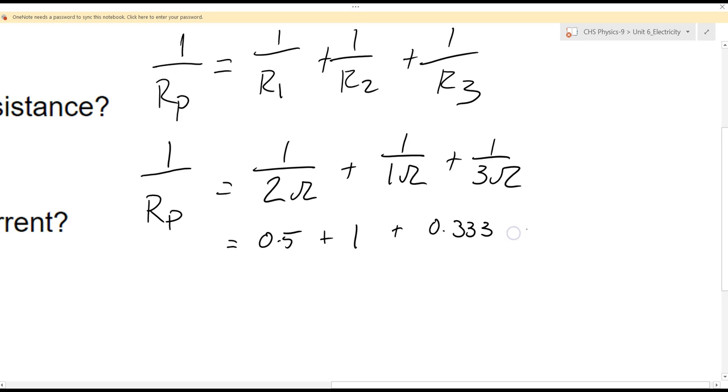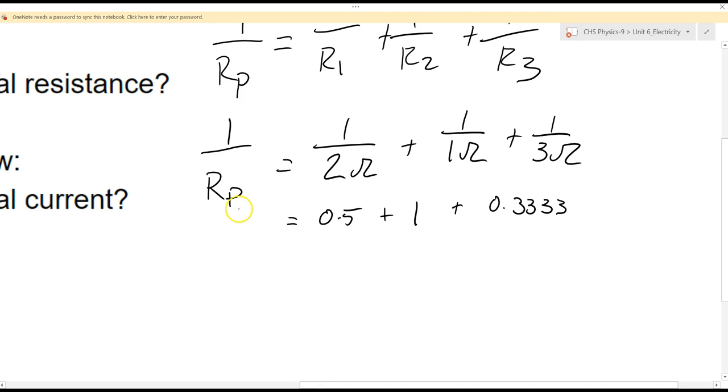If you get a repeating decimal, let's just toss in 4 for good measure. And that all equals 1 over Rp. So I'm just going to add these all together, and I end up with 1.8333 equals 1 over Rp.